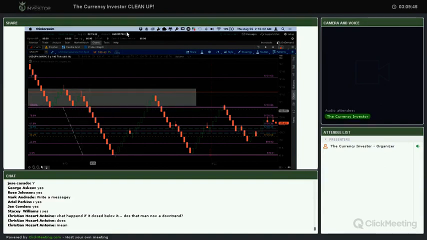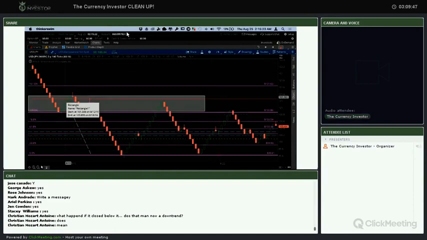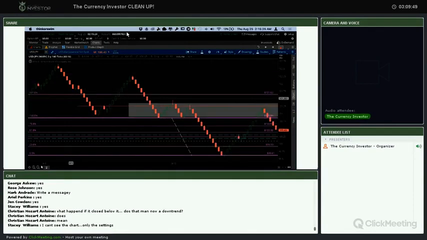So the sell here, because now if we go back, we know what this red line means to us right here. Mind you, you probably would have never even seen this if you didn't have these charts up here.